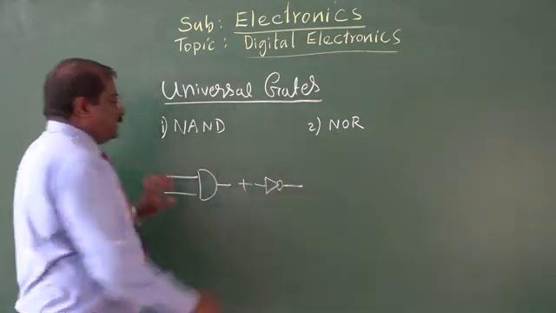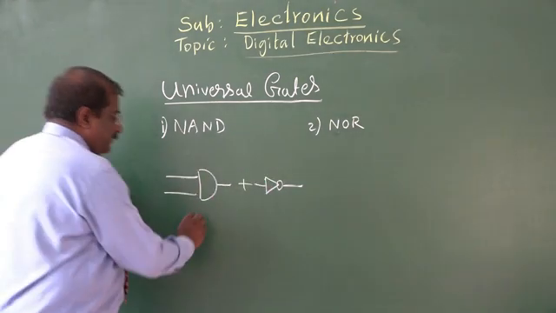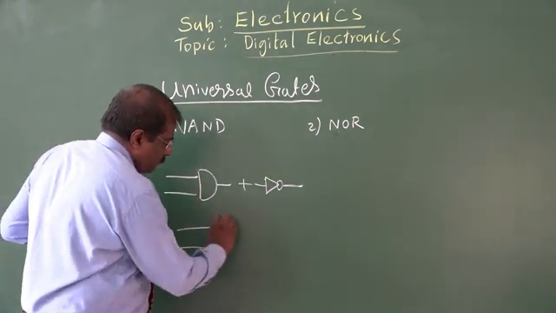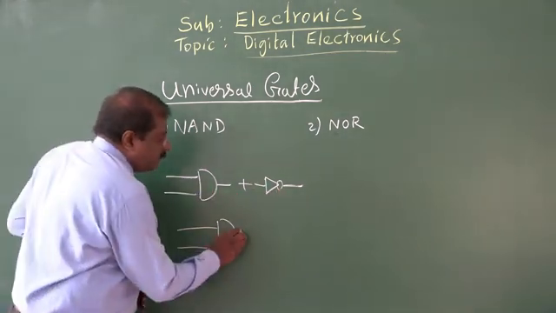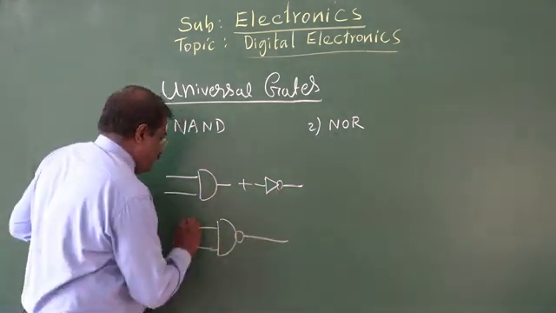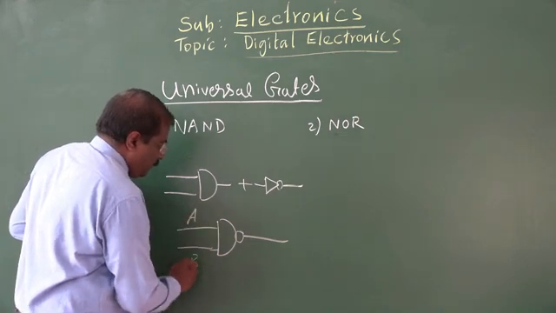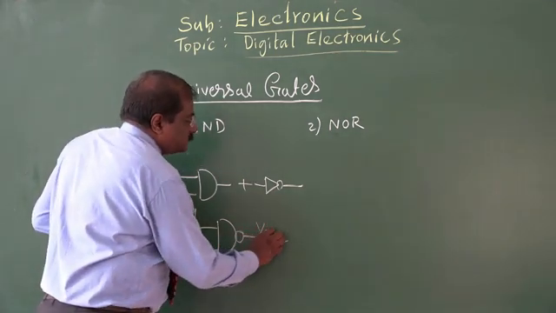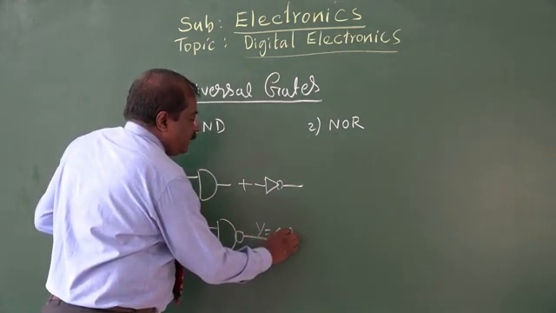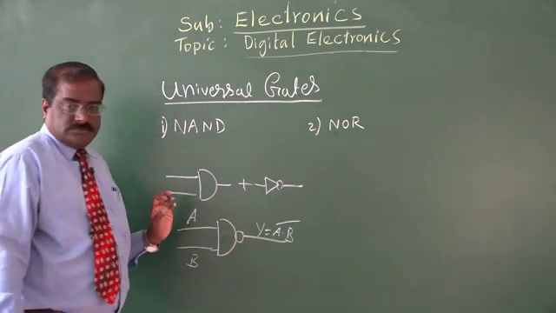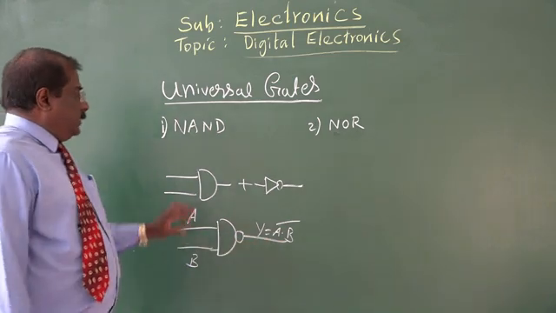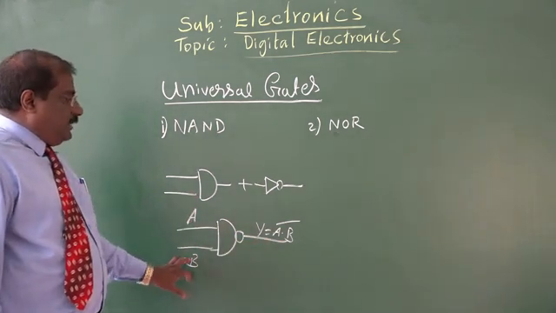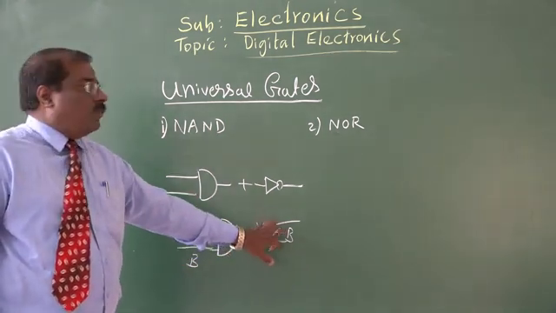Combine this one, take the symbol as elongated D and the bubble of NOT gate. This fetches you the NAND gate, y equals A dot B whole bar. So for inputs A, B the output will be A dot B whole bar.